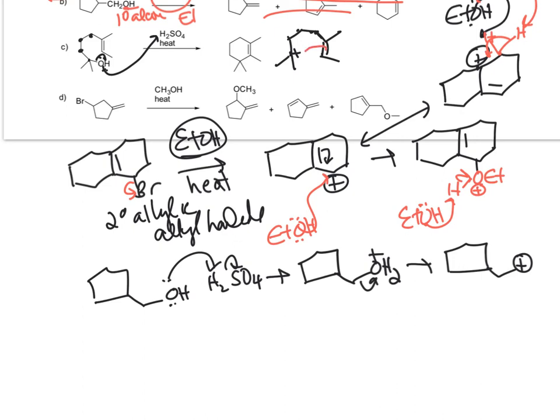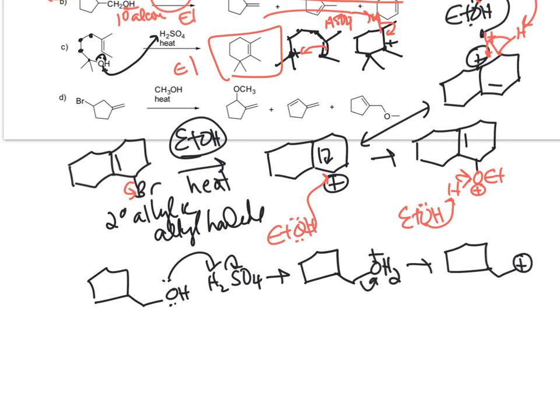And then this alkene will come here towards that carbocation. You get the 6-membered ring. So this is that one. And this carbon is this one. You got your carbocation there now. And then a base, HSO4 minus, will come and take that hydrogen to give you that product. So that's an E1.